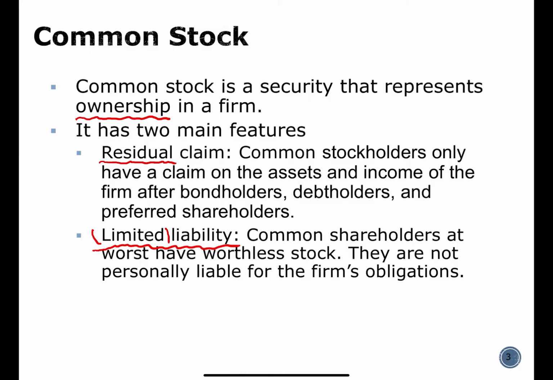Let's say this firm has a lot of debt, right? If you're liable for this firm's debt, then you will owe the bank, let's say maybe $1 million. And this is bad for you, right? This is worse than the case when your stock becomes worthless. So you can see that this is limited because you're not liable for this firm's debt, right? That's why it is limited. Again, you're not liable for the firm's debt, and in the worst case, your stocks will become worthless. So your liability is limited at zero.